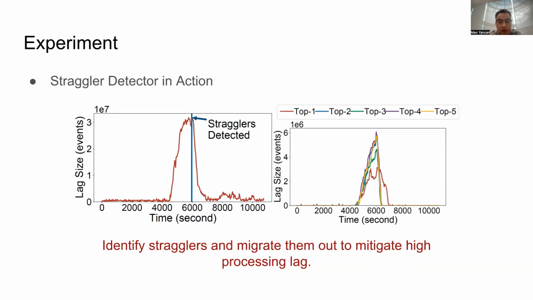Similarly, our straggler detector can also identify stragglers in streaming jobs by carefully analyzing runtime status of parallel tasks. Then it migrates these stragglers to healthy machines to mitigate high processing lag.